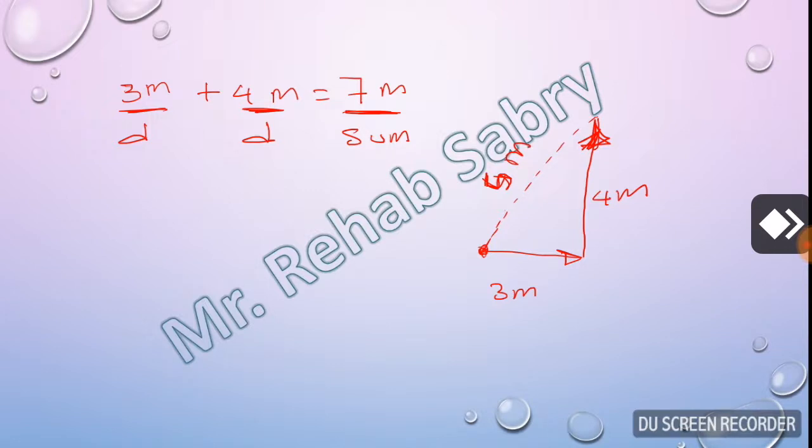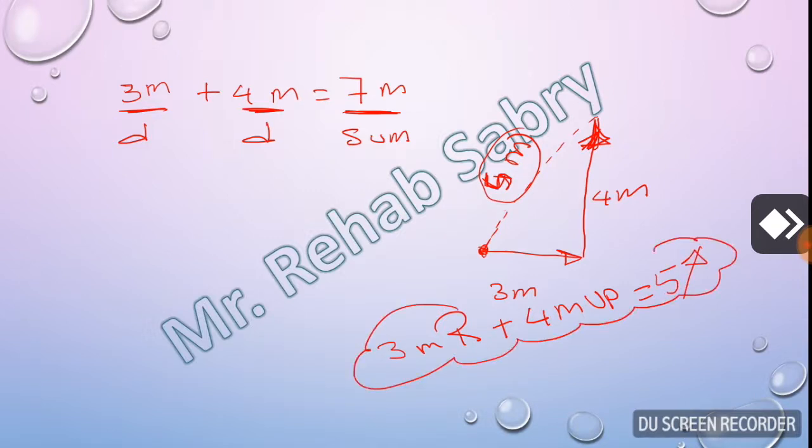So 3 meters right plus 4 meters up doesn't equal 7, but it equals 5 meters in this direction. So this is not a sum. This is a vector sum, which is called a resultant.